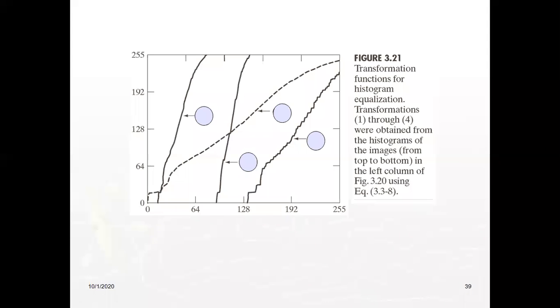The transfer function for the histogram equalization, for 1, 2, 3, and 4. So you can see that 4 is almost linear. Earlier also it was well distributed. Now also, after transformation, it is well distributed. So therefore the slope is almost constant for this one, whereas the slope of this is quite high for each one of these, right?